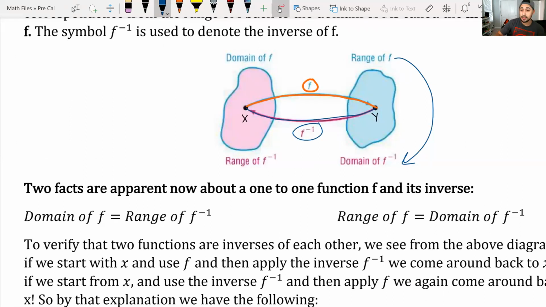And then as we get back to the domain of x, the domain of f becomes the range of the inverse function. So we can essentially say that when you have inverses, their domain and ranges switch. Switch, flip, swap, whatever you want to say.